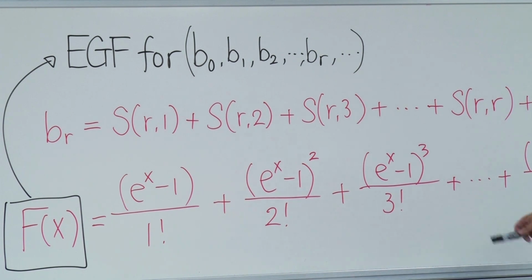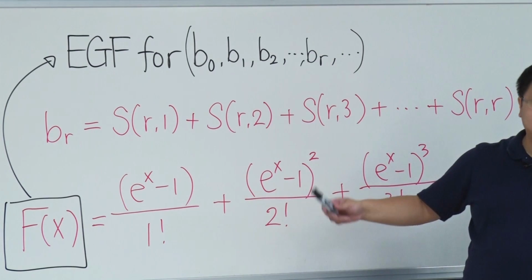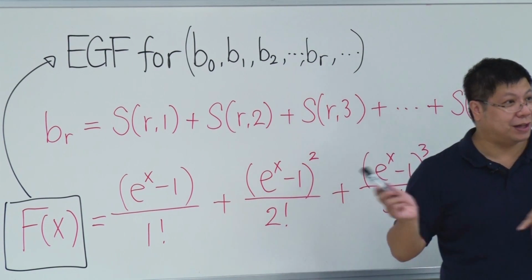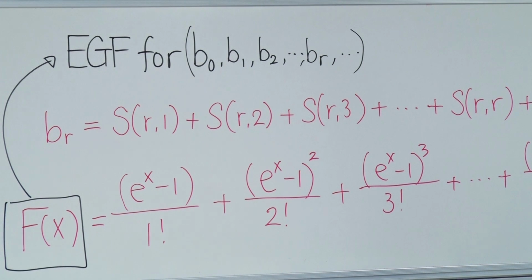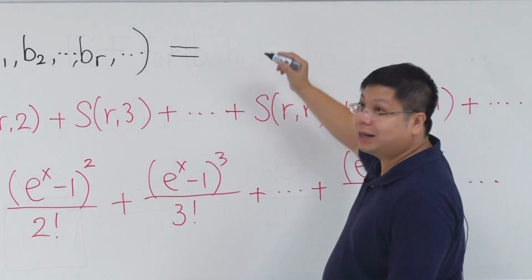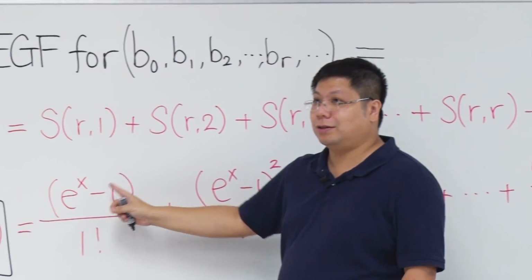Okay, and now this is in a very special form. This is something divided by 1 factorial plus something squared divided by 2 factorial plus something cubed divided by 3 factorial. This is going to be very strange. Imagine this is called y, not x.